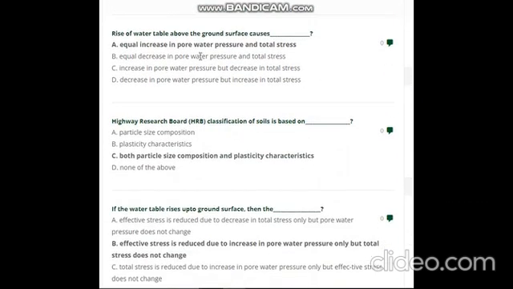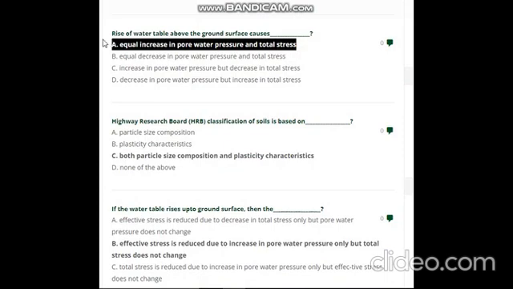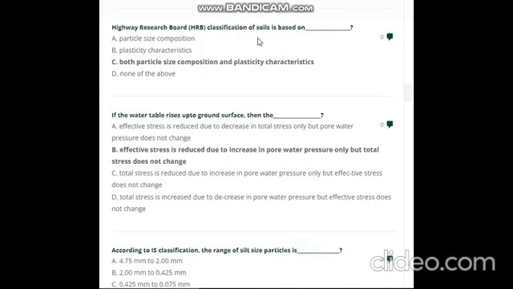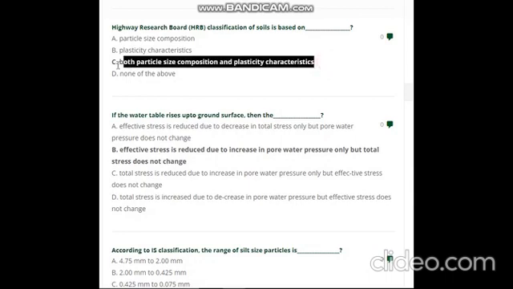Rise of water table above the ground surface causes equal increase in pore water pressure and total stress. A answer is correct. Highway Research Board HRB classification of soil is based on both particle size composition and plasticity characteristics.